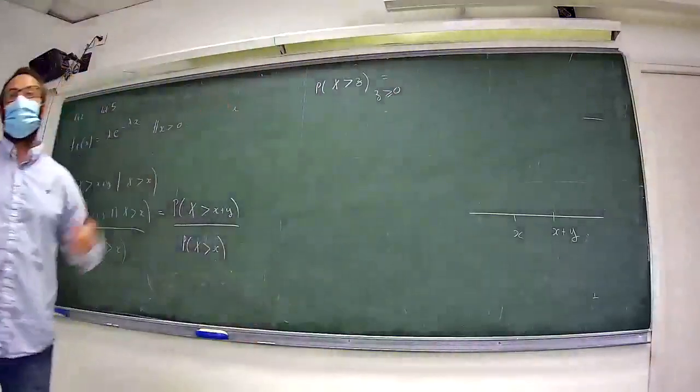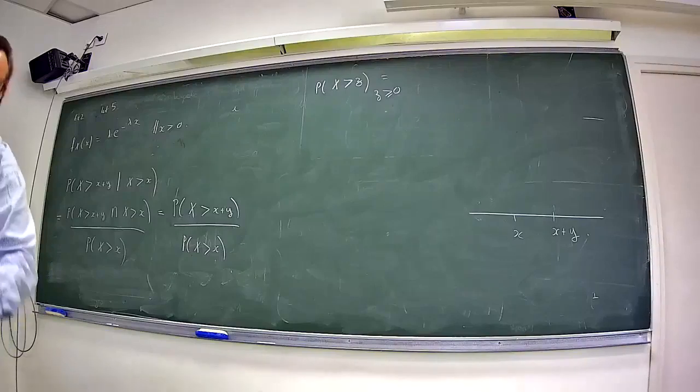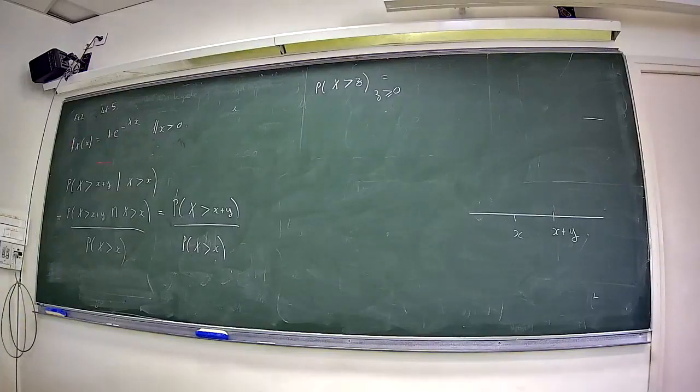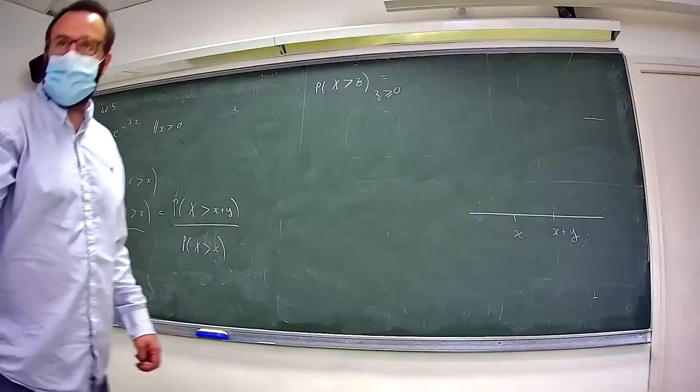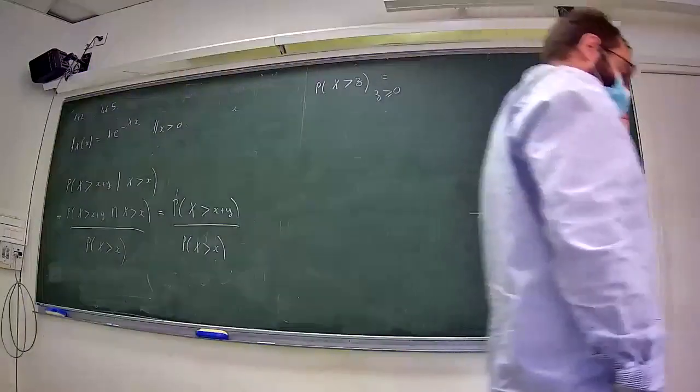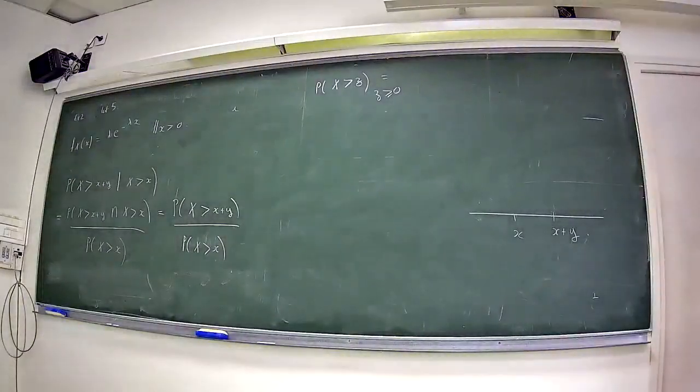So how to compute this? I know that X is an exponential of parameter lambda. From the density.